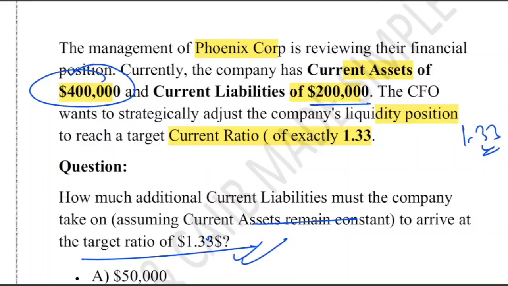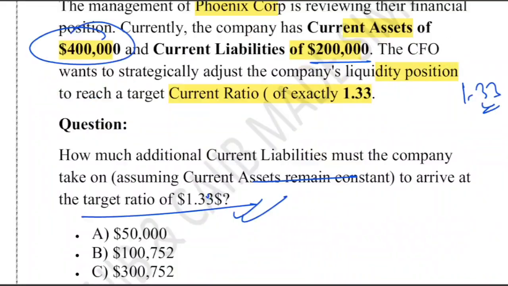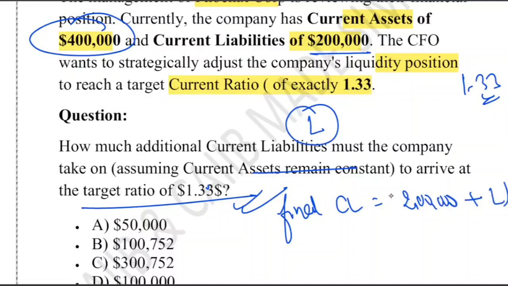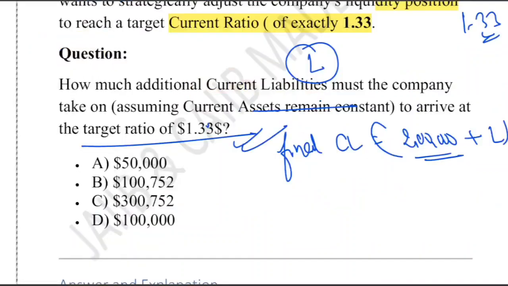Let's suppose that we want to increase the current liability by L. So what will be the final current liability? Initially it was 2 lakh and we add L, so final CL will be 2 lakh plus L. L is the extra liability that the company will take.